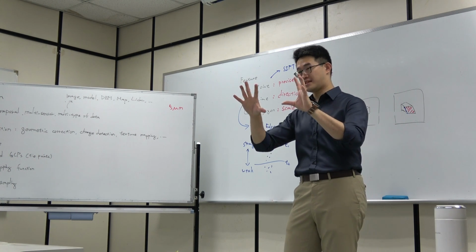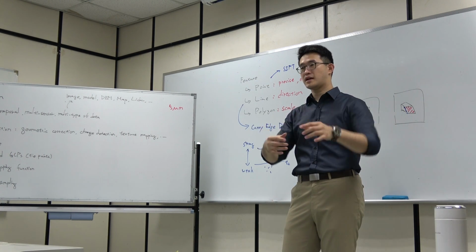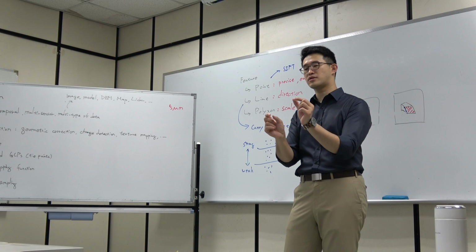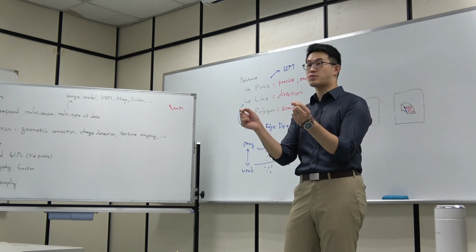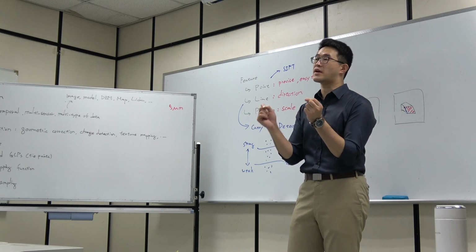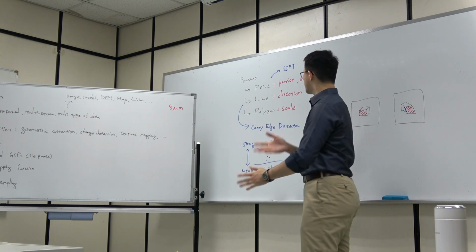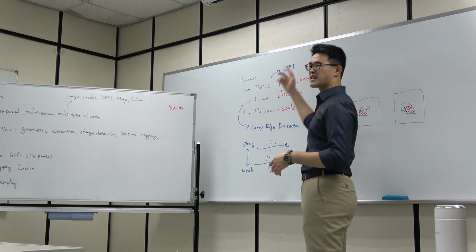Then you have a 3-dimensional cube, and inside that cube you try to identify the feature points. That's why it becomes scale invariant. Actually, the name tells it.